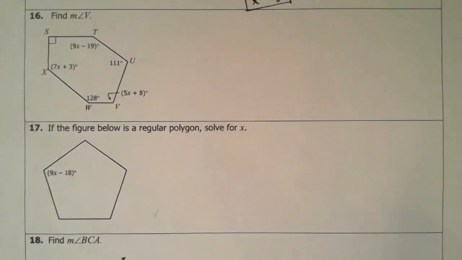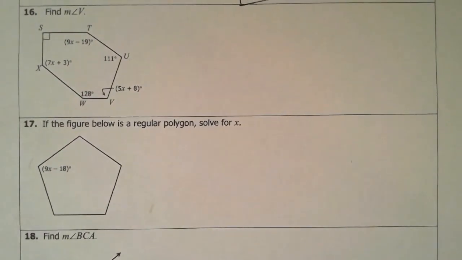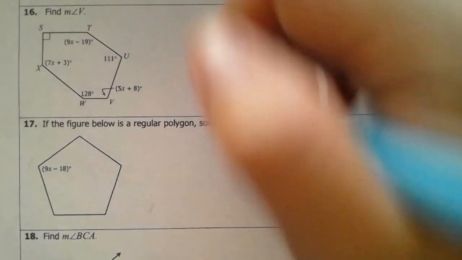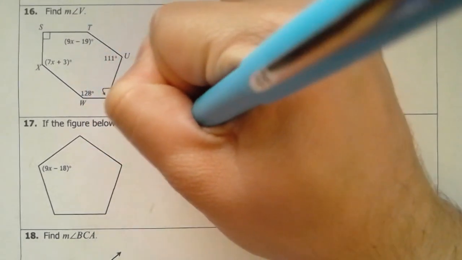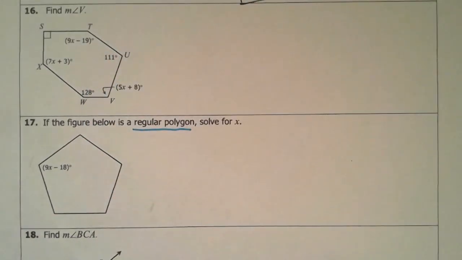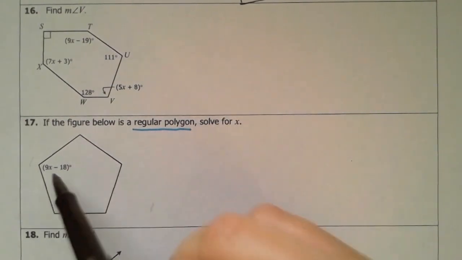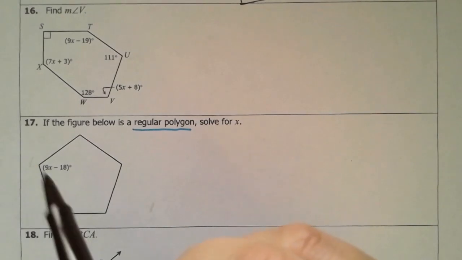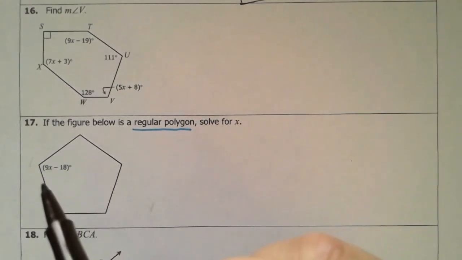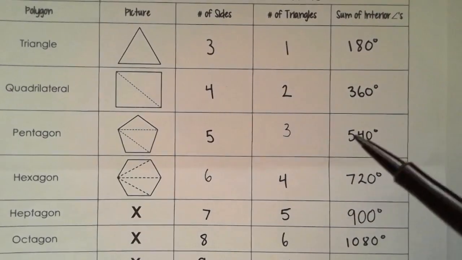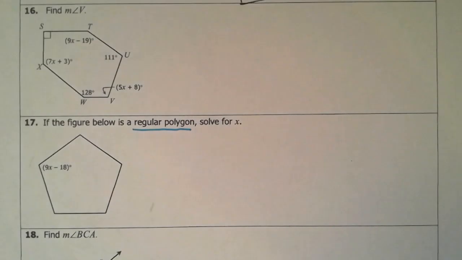Last one I'm going to do here is number 17. It says if the figure below is a regular polygon, solve for x. So again, key detail here is that it's a regular polygon, so all the angles are the same, and we can use that idea to find x. It's a pentagon, a 5-sided figure. I can use my table here. The sum of the interior angles for a pentagon is 540 degrees.